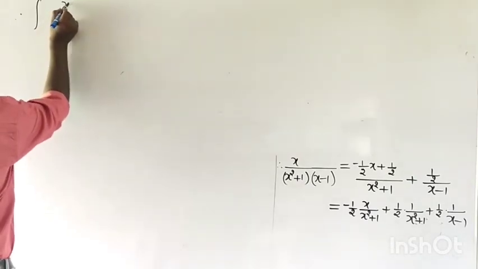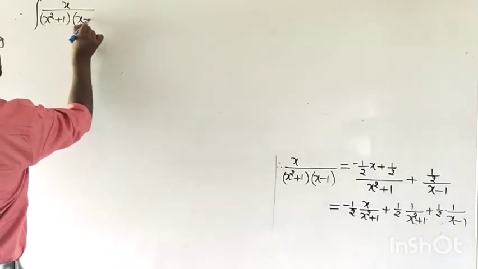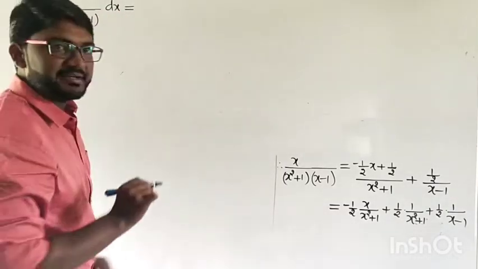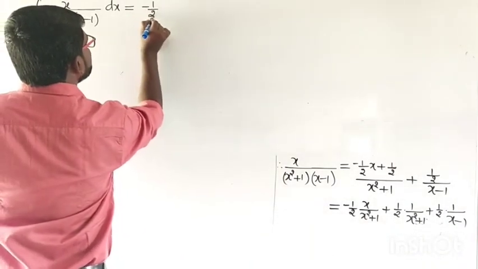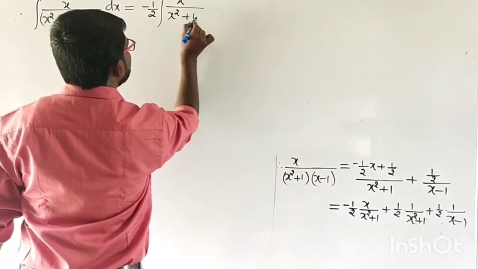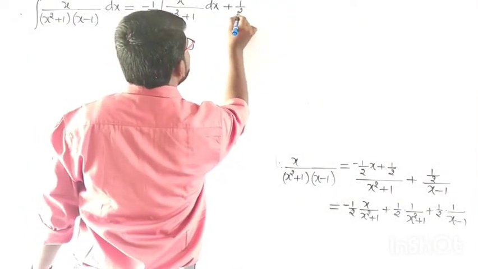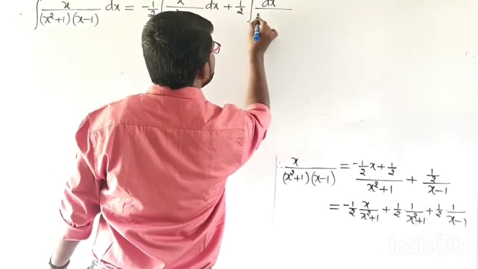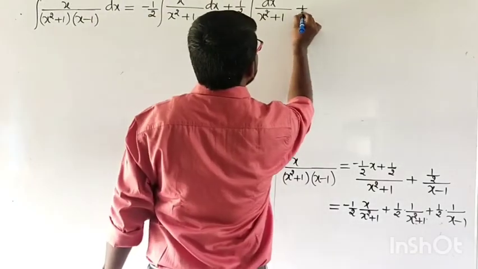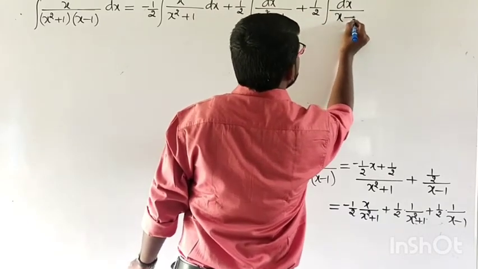Integral x divided by (x square plus 1) into (x minus 1) dx is equal to, so I write minus 1 by 2 as it is outside, integral x divided by x square plus 1 dx, plus 1 by 2 outside as it is, integral dx upon x square plus 1, plus again 1 by 2 outside, integration dx by x minus 1.